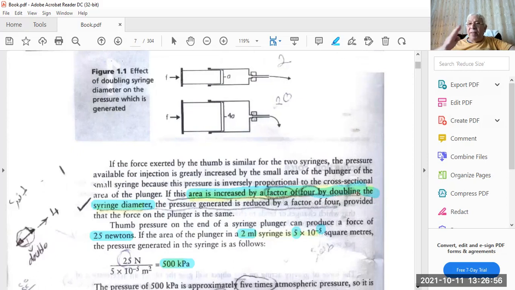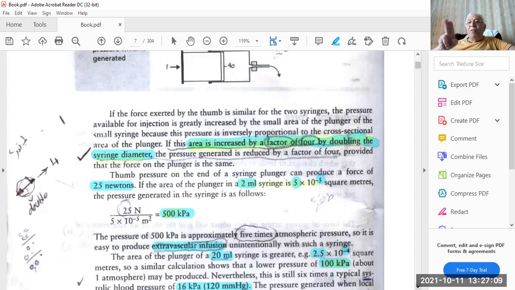Doubling the diameter of any syringe will yield an area of 4 times. You see, we have 2 syringes, as we said before. One of them is 2 millimeters and the other is 20 millimeters.